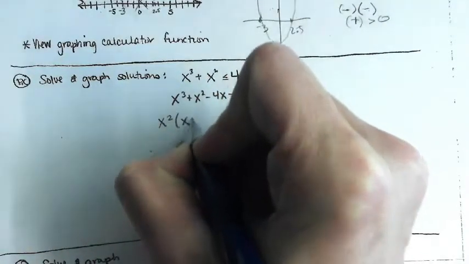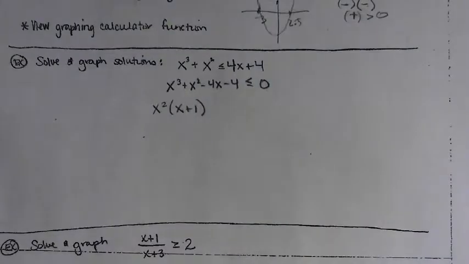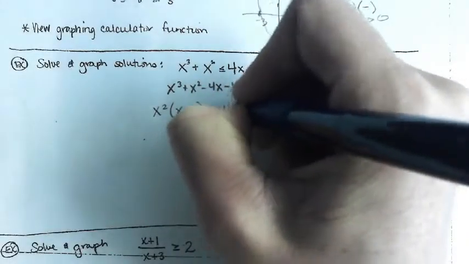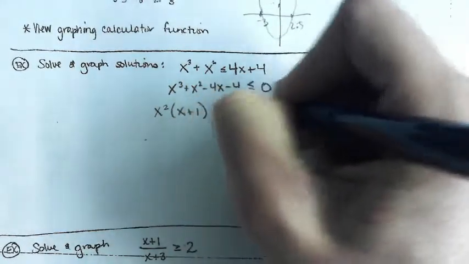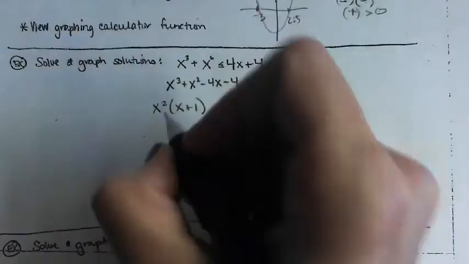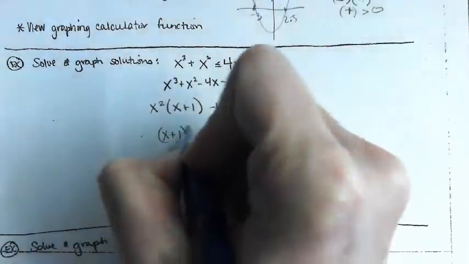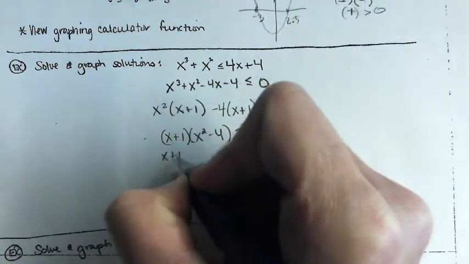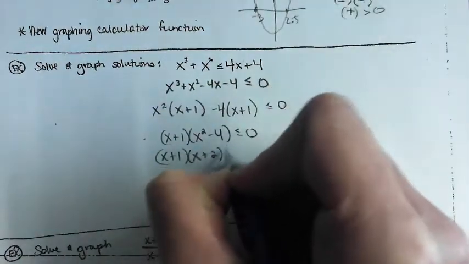Because I really don't want to do my P's over Q's, although I will if I have to. But this is groupable, so we can avoid the other method of factoring, which is long division. And then we pull our x plus 1 out, and we're left with x squared minus 4. And we can factor that further into x plus 2 times x minus 2.